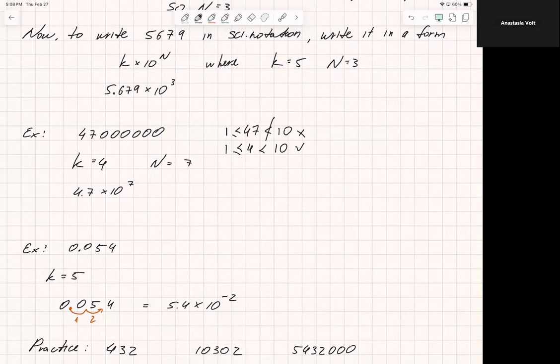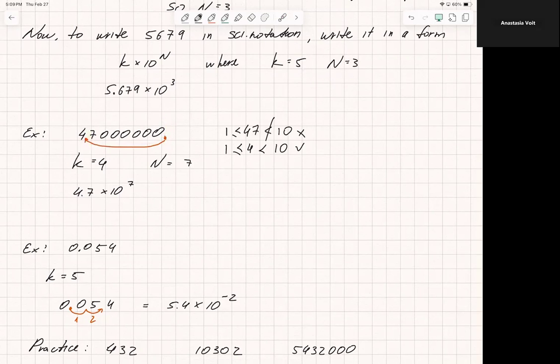And now we put the decimal point right after this k, and we start counting. First we have a decimal point at the end, but we need to have our decimal point right after 4. So to put it right after 4, we need to count how many times we move the decimal point from the back of the number to here.